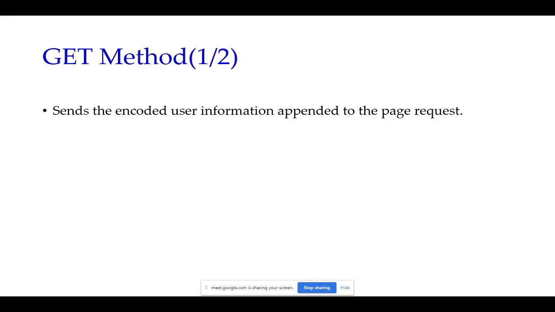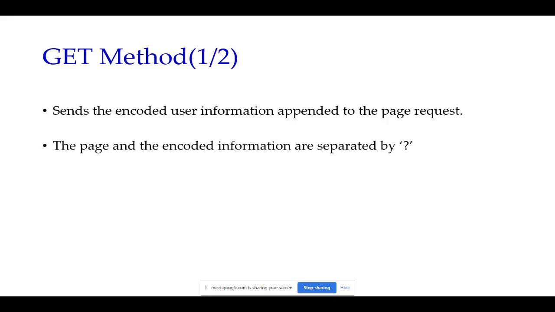So among that data, what exactly are you looking for? Which page are you interested in? In order to know that, your user information is necessary to the server. And your page name and encoded information will be separated by a question mark.